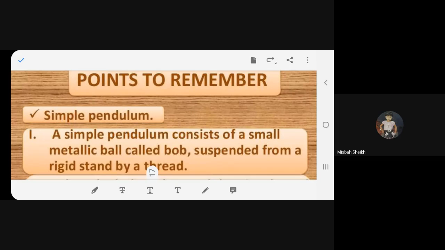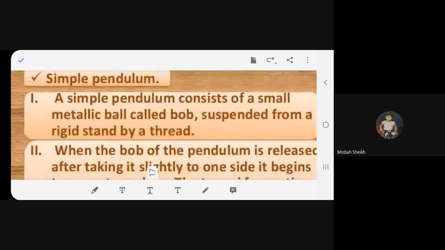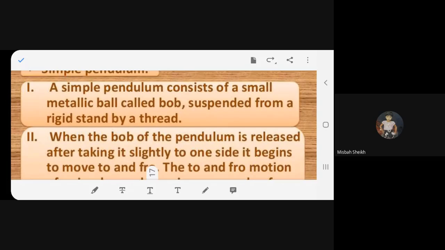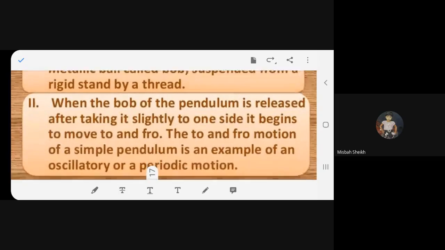Points to remember. Simple pendulum. A simple pendulum consists of a small metallic ball called bob suspended from a rigid stand by a thread. We have already seen this.